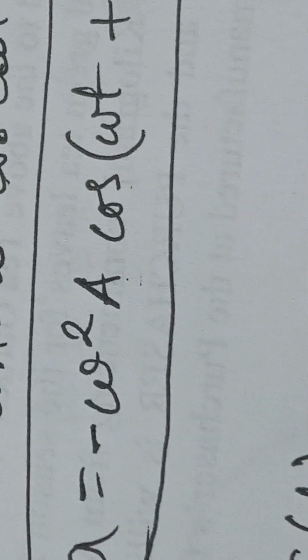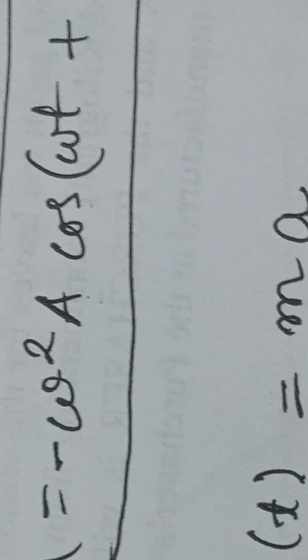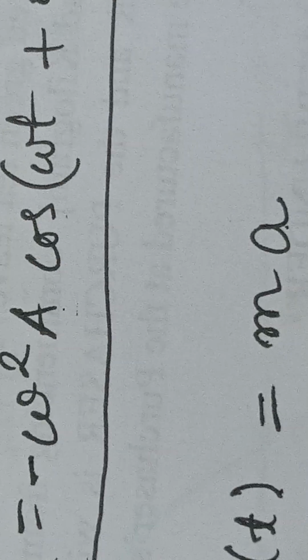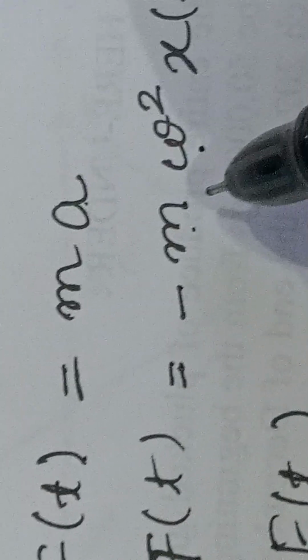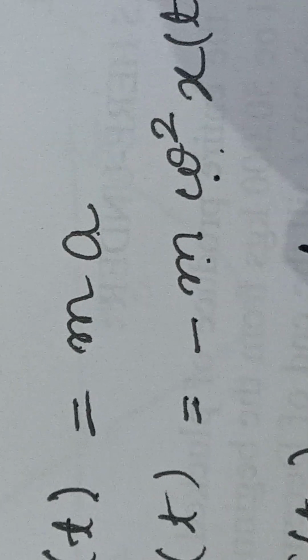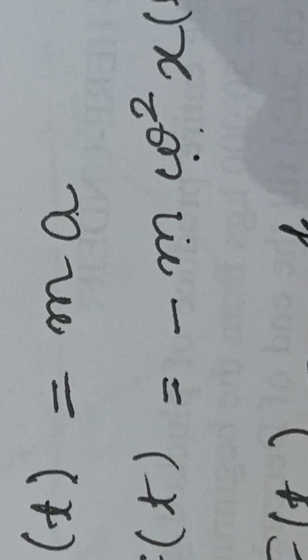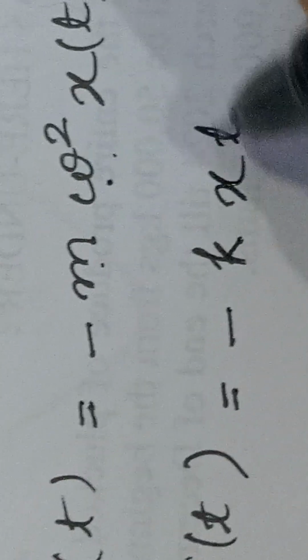Then F(t) is equal to minus m omega square x(t). Mass and omega square is a constant, so we can write any value k x(t).